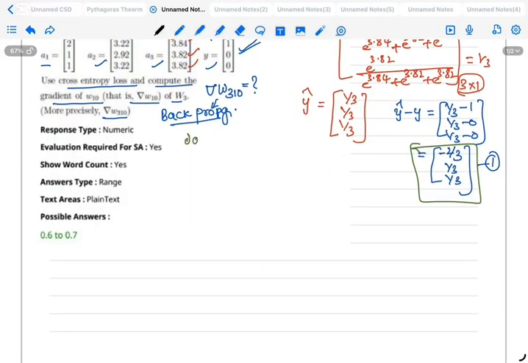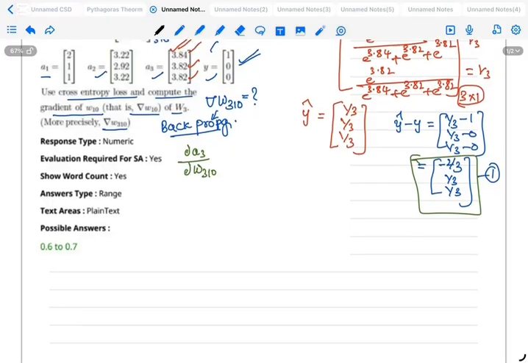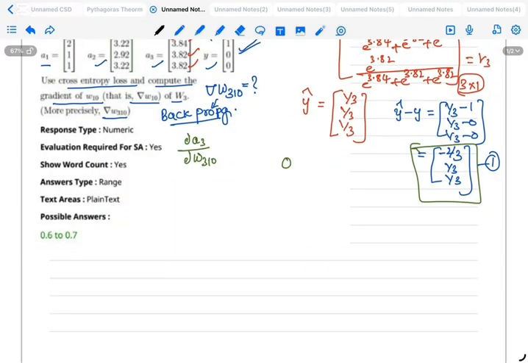That is dou A3 by dou W310. There are 3 neurons in each layer: input layer, hidden layer 1, hidden layer 2 and output layer. How to write the W3 matrix?